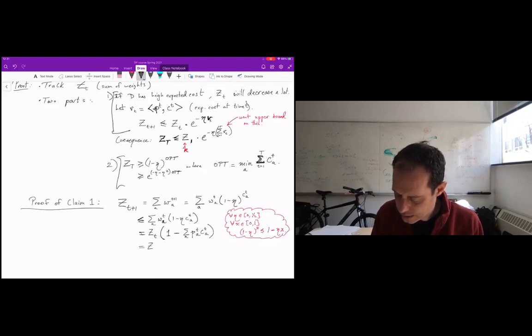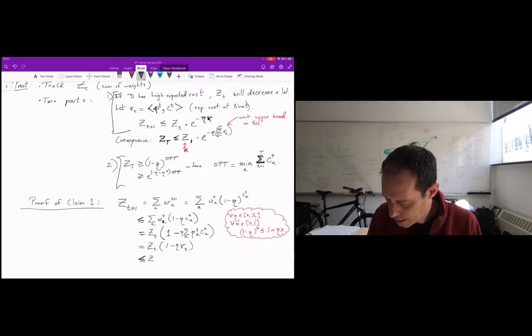So what we get is Z_t times (1 minus eta V_t), what we call V_t. Now we can just use the fact that we can put this back on an exponential scale. So this is at most e to the minus eta V_t, since 1 minus x is a lower bound for e to the minus x everywhere.